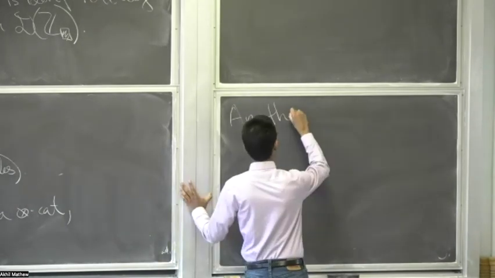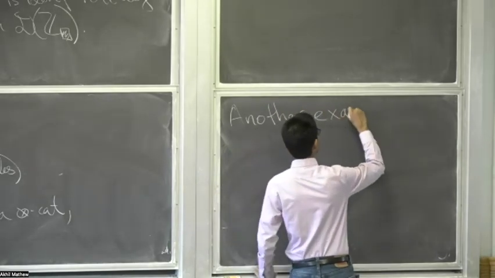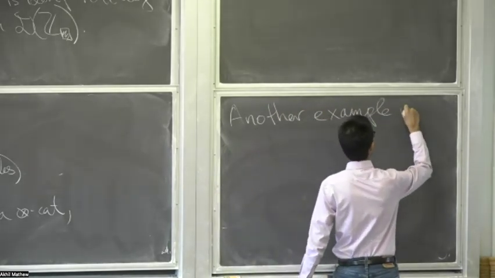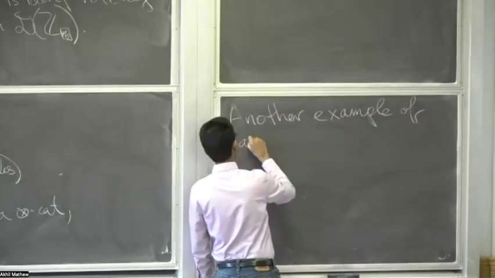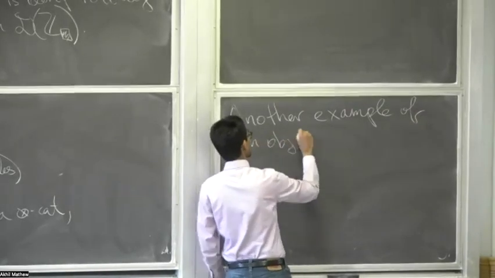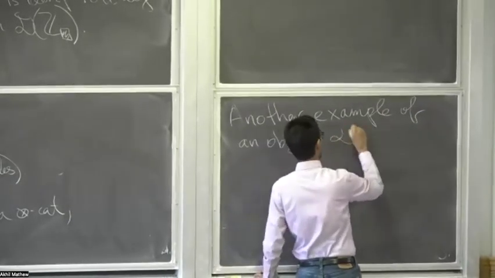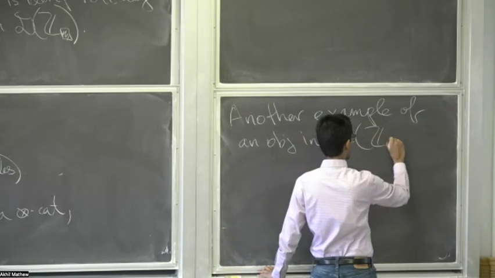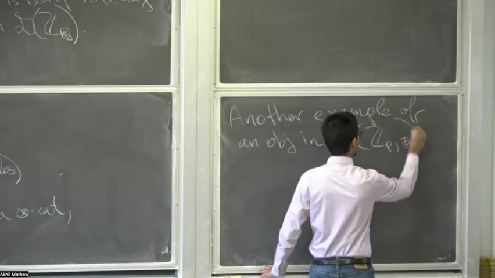So another example of an object in, say, D of solid, but actually in the heart, is the following.